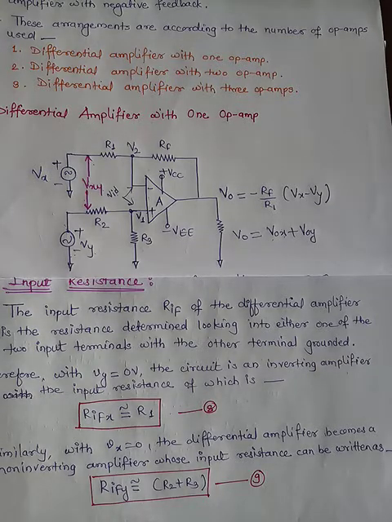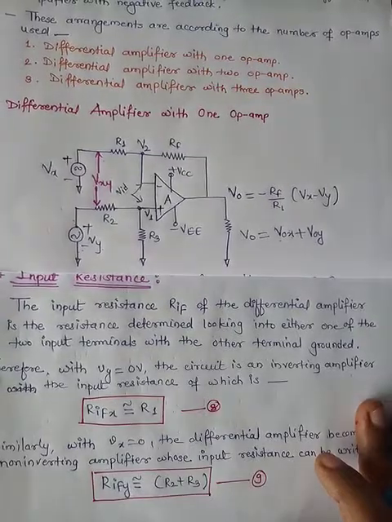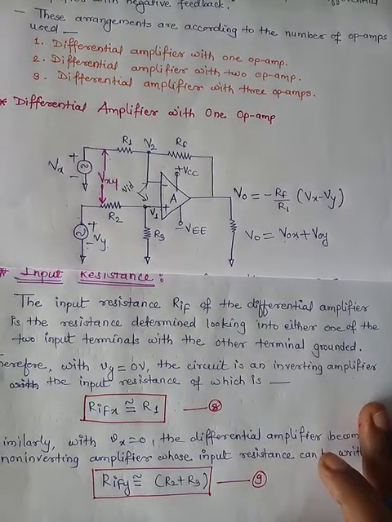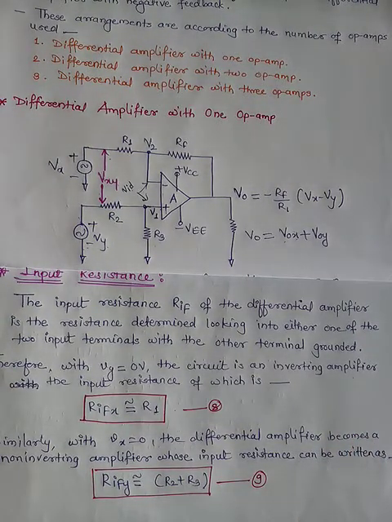We know that its input resistance with feedback gets increased by 1 plus AB times the input resistance of the open loop op amp Ri. That is, the input resistance with feedback for non-inverting is RIF equal to Ri times (1 plus AB).